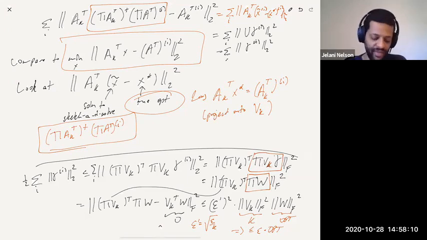The punchline to take away from all of this is: you expand out what your error is, you look at the terms that show up, and you realize they are basically identical to terms that showed up in the analysis of sketch and solve error for least squares regression, when you depend on a subspace embedding for a certain subspace as well as approximate matrix multiplication. So the only thing that changes here is what the subspace is. The subspace is the column space of V_k. And that's basically it.